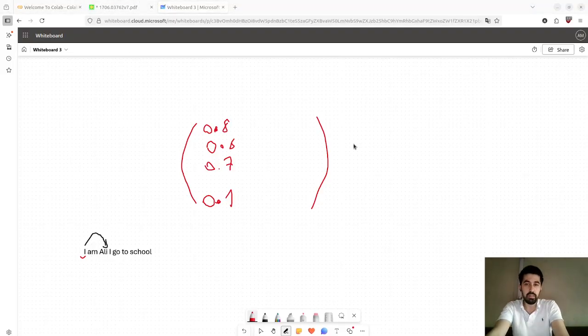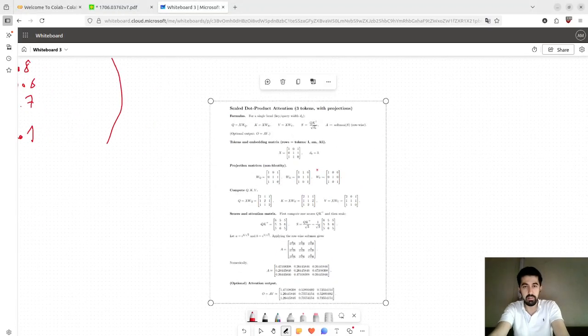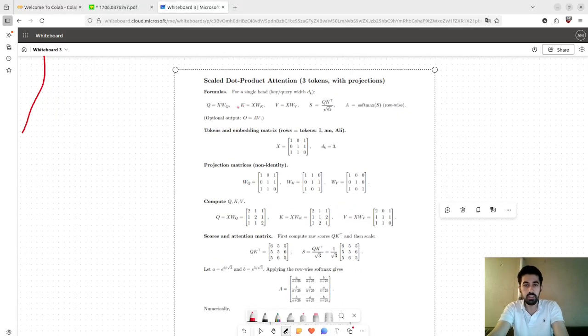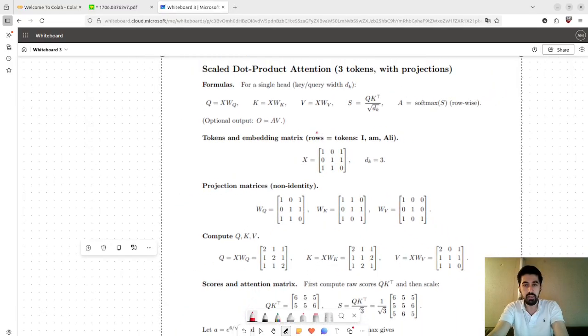I made a small numerical example. Let me paste it over here. In this example, as I said earlier, we have a query, a key and a value, and how they're computed, and then later on used to get our matrix. First we have an input sentence, for example, I am Ali.